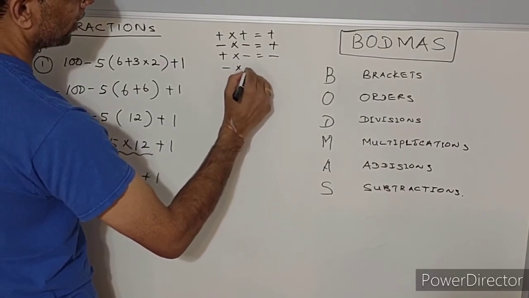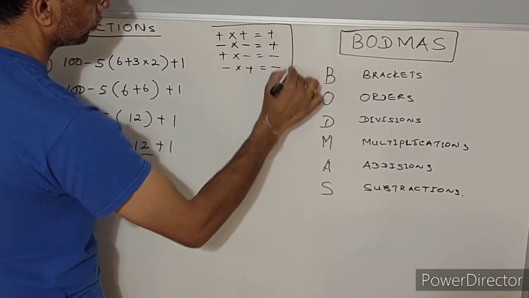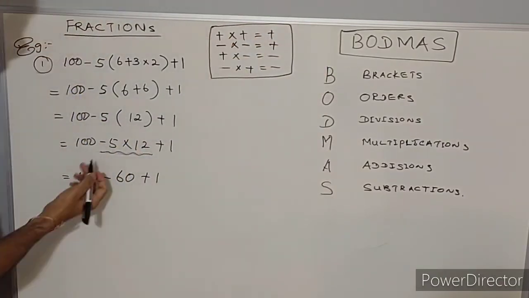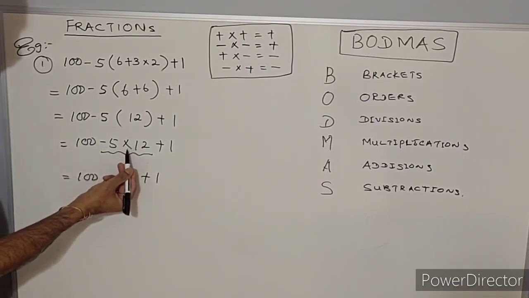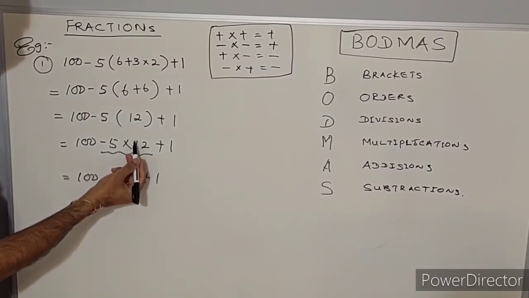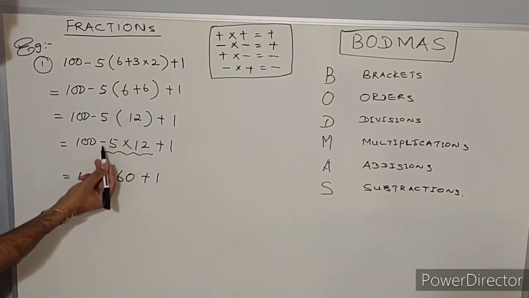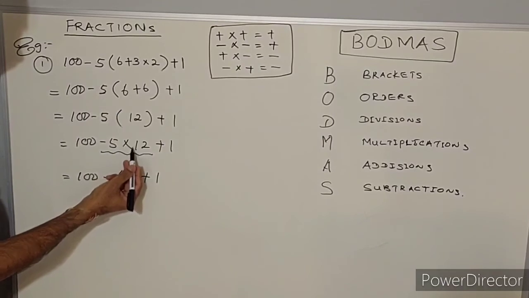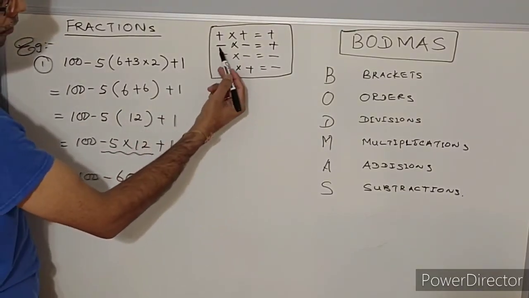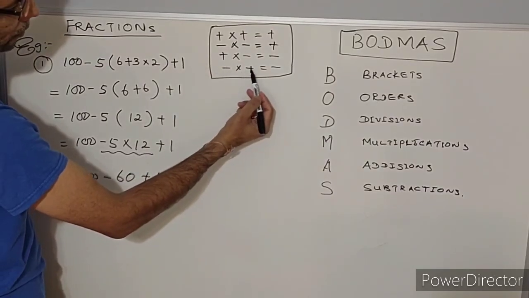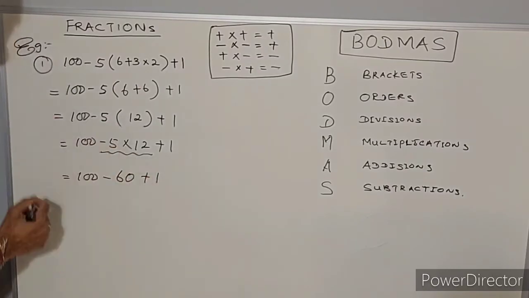Minus multiplied by plus, the result is minus. This you should know. Now if you see here, minus 5 multiplied by plus, there is nothing minus, so that means it is plus. Minus 5 multiplied by plus 12. Minus multiplied by plus means minus. 5 into 12, 60.